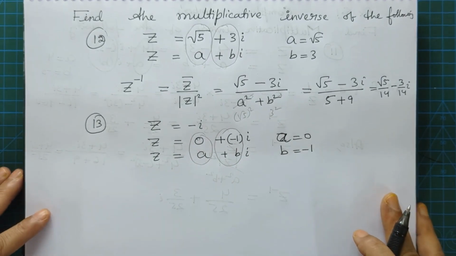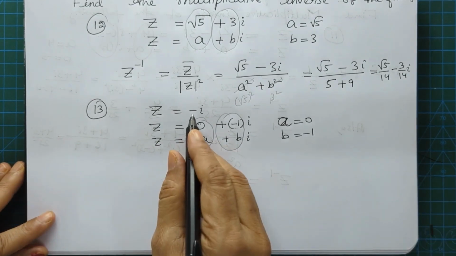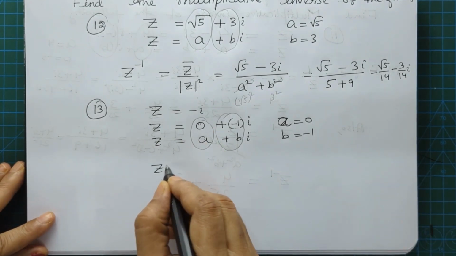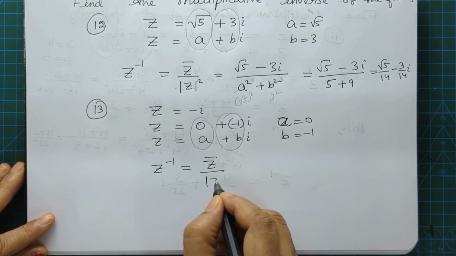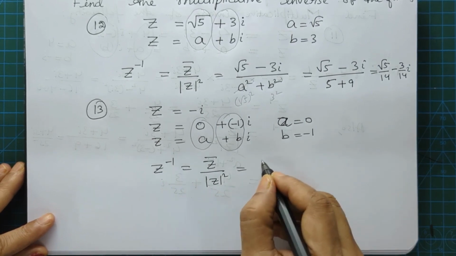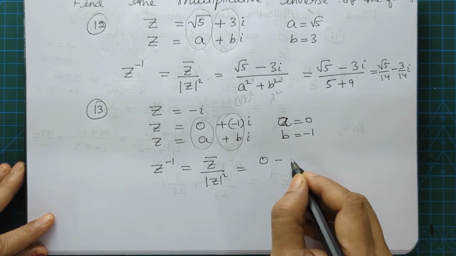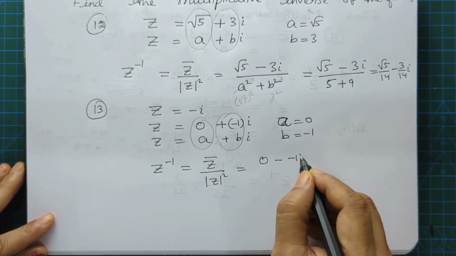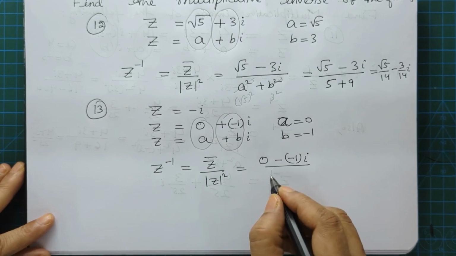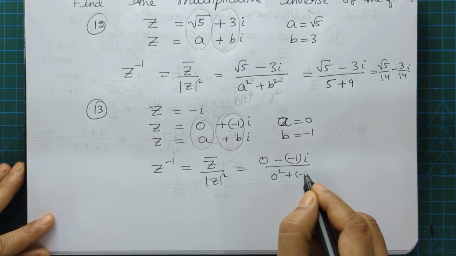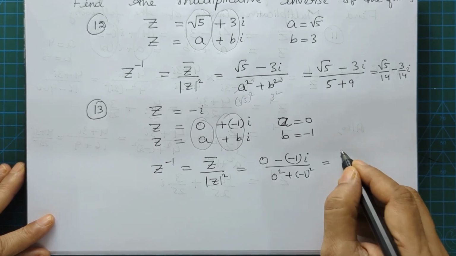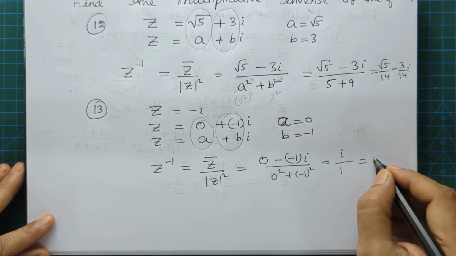So the multiplicative inverse of minus i, z inverse, is the conjugate of z by mod z square. Conjugate is 0 minus of minus i by a square plus b square. So 0 square is 0, plus minus 1 square. So this is i upon 1 which is i.